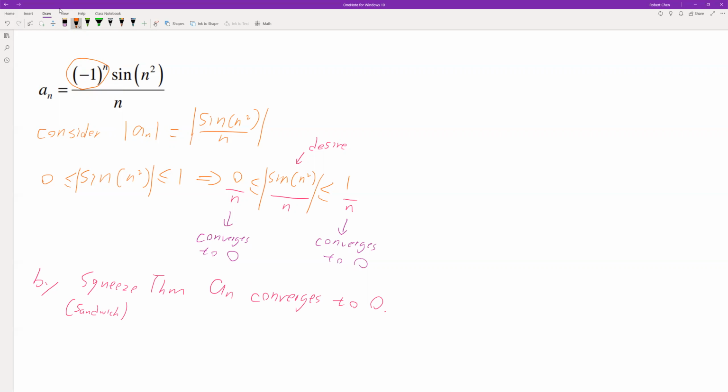Okay. So this is how you can use the squeeze theorem. Most of the time, it can be used with sine or cosine because they just oscillate between -1 and 1. And when you add an absolute value, you can just say that it's between 0 and 1. Of course, we can also do this without the absolute value, making it -1 instead of 0, and then -1 over n, and that's still a convergent sequence that goes to 0.